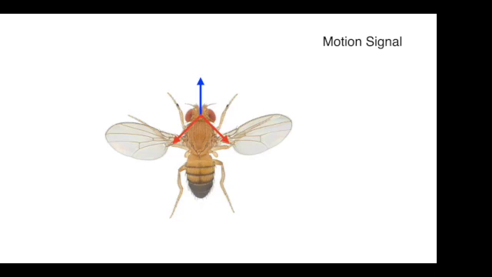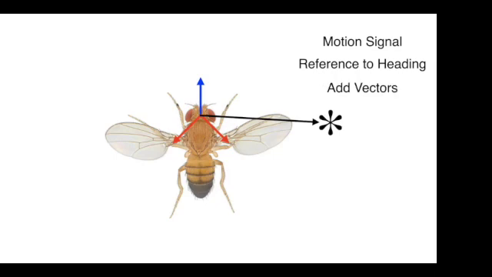The motion signal we're going to be talking about is directed backwards, at 135 and minus 135 degrees in the backward direction. So that's the motion signal this system is getting. It has to reference that to an external landmark in order to be in allocentric coordinates, and it has to add the vectors. That's the calculation we're talking about in order to get this traveling direction vector.